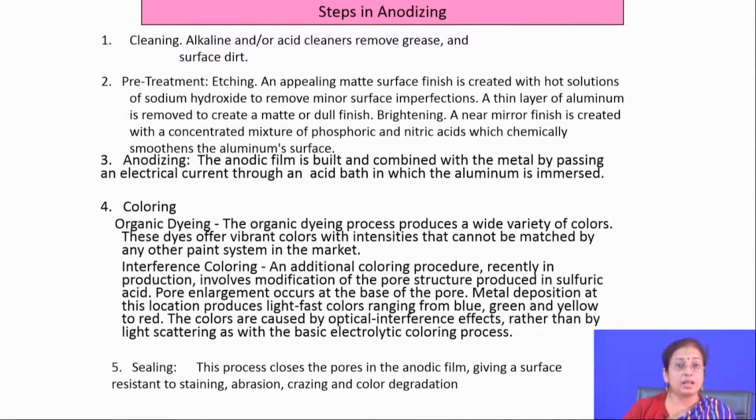Finally, you do the sealing operation, because when you seal, whatever pores are there on the surface get sealed, and usually the surface becomes resistant to staining, abrasion and degradation. People usually use organic sealing or a wax sealing process to cover the surface with a very thin evaporated wax, so that pores are filled and we do not get any open porosities at the surface.